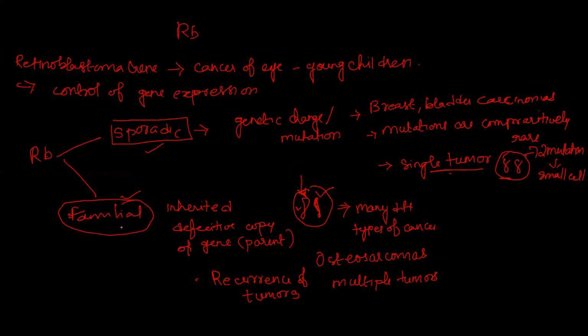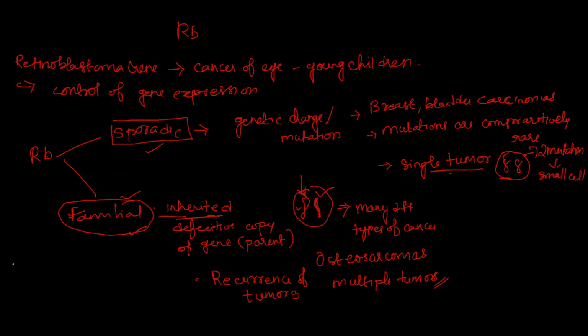Whereas familial is always inherited, so one gene is already defective, and the chance that the other gene becomes defective is high. So there will be multiple tumors and also recurrence of tumors.